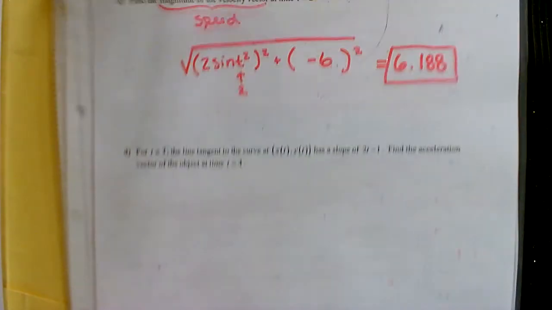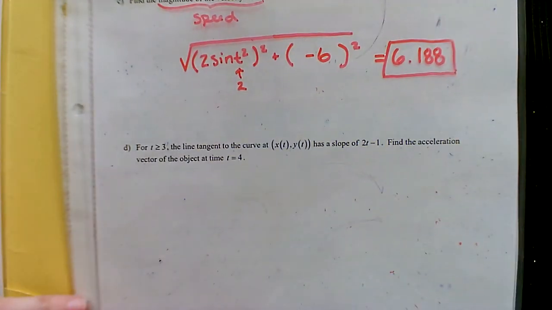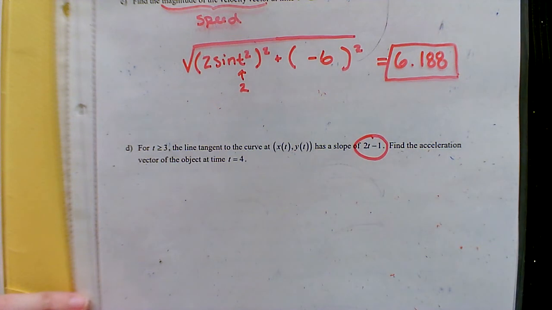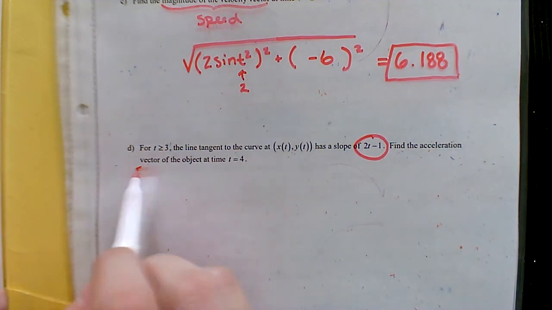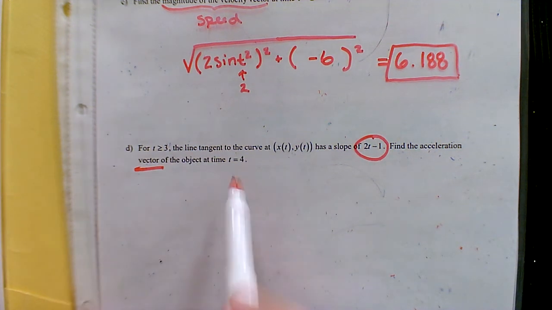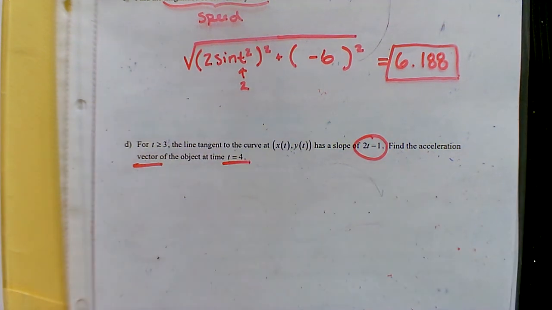All right, let's check out the last one. For time greater than or equal to 3, the line tangent to the curve has a slope of 2t minus 1. Find the acceleration vector, there's that word vector, so we're going to need those chevrons or parentheses, of the object at time 4. Oh boy.